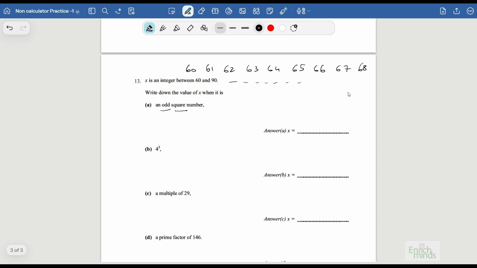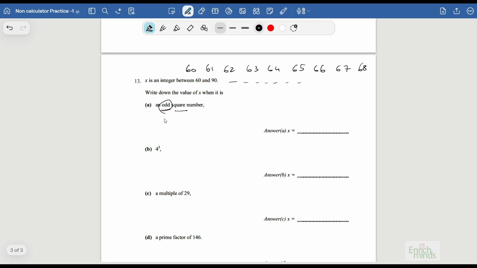You can keep doing that. Or you can find the list of square numbers between 60 and 90, and it has to be an odd number.